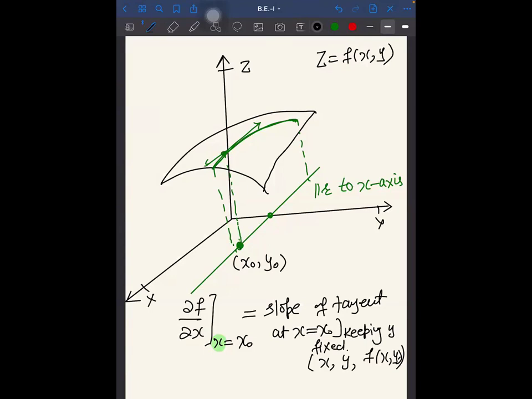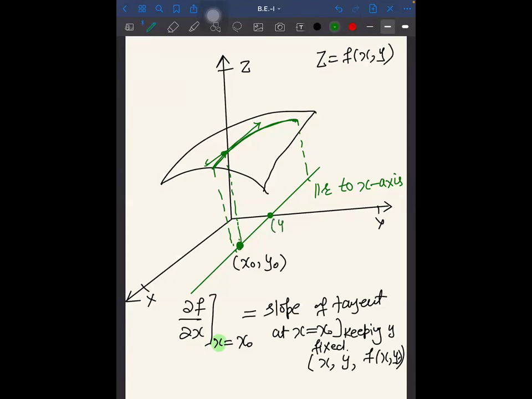Let me explain this again. I'm saying that you have a line which is parallel to the x-axis. You fix your y coordinate, which means there is no movement along the y-axis. So the line will pass through only this point, since it is passing through x naught, y naught.